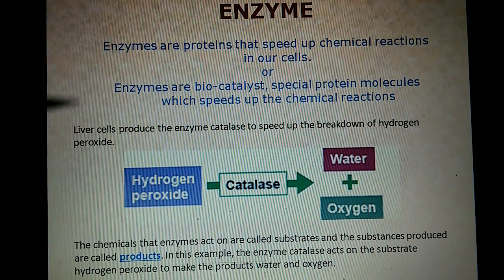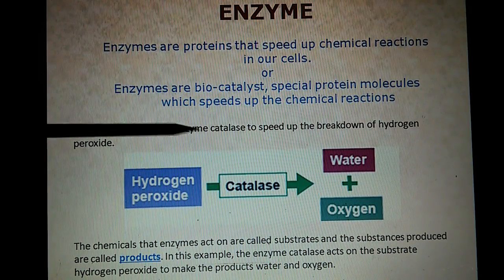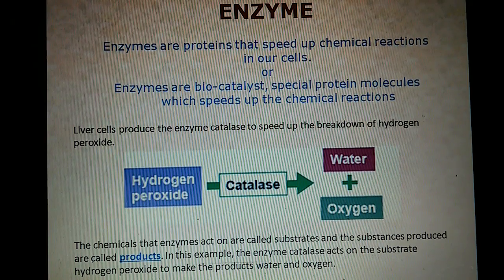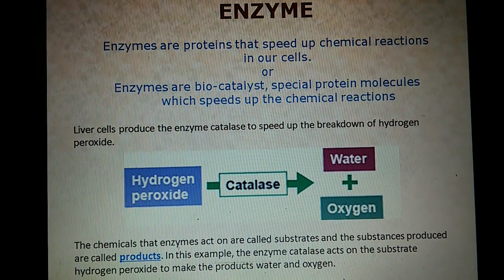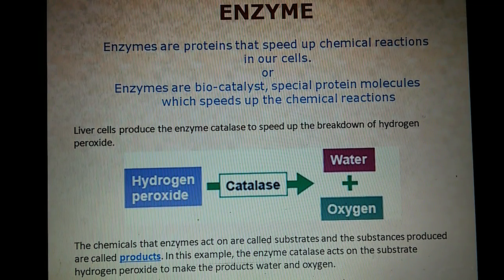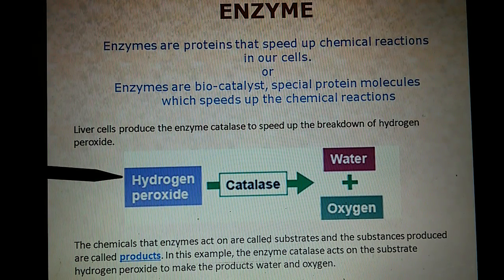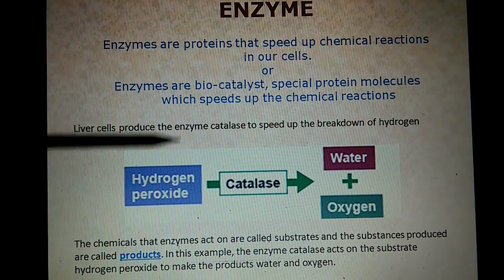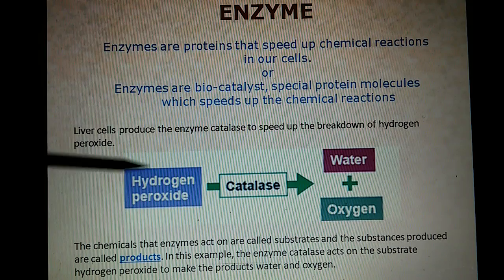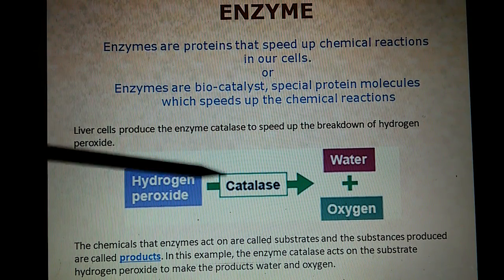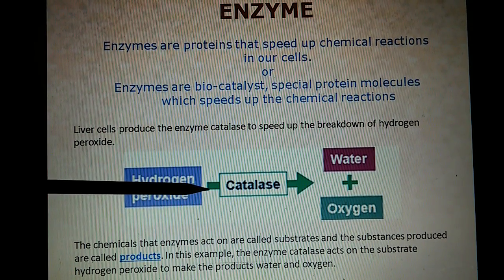This liver produces the enzyme known as catalase, and this catalase is involved in speeding up the breakdown of hydrogen peroxide. Hydrogen peroxide is broken down or converted into water and oxygen with the help of this enzyme catalase.